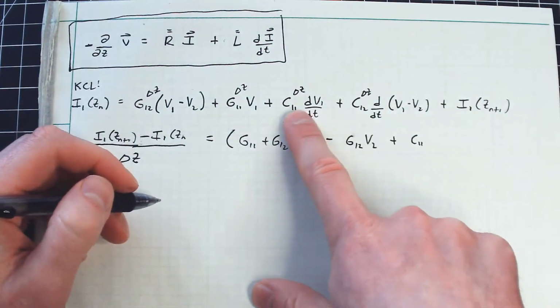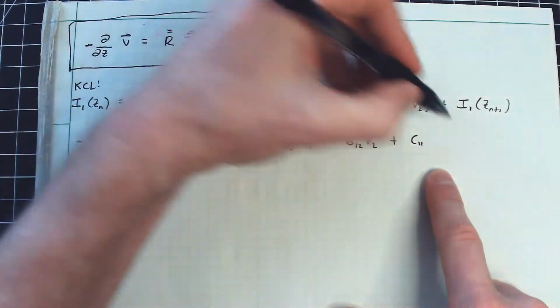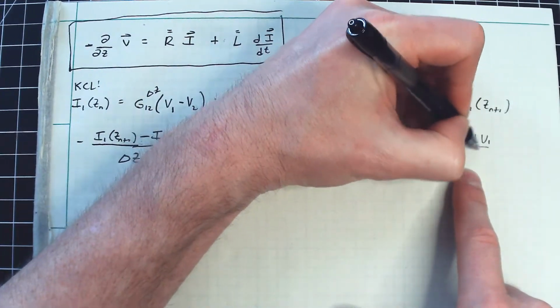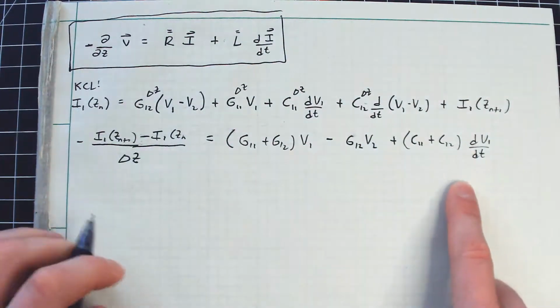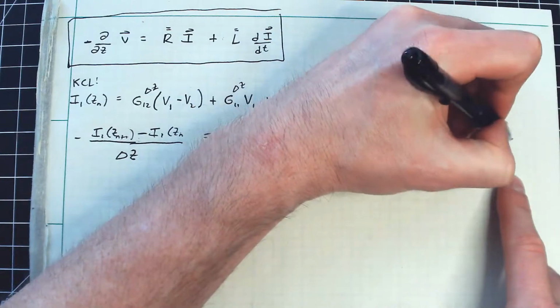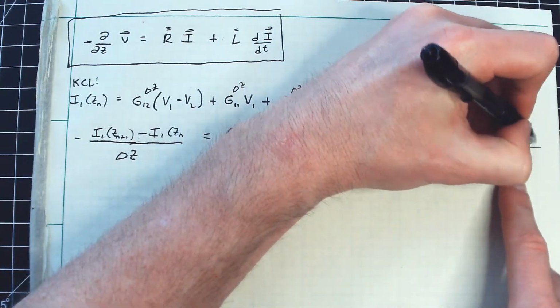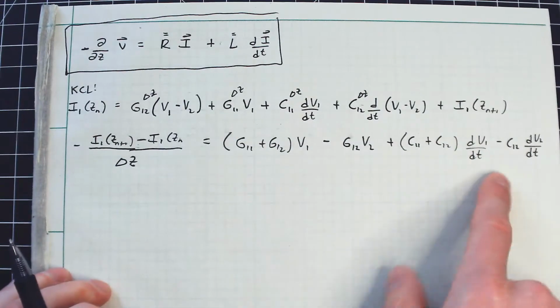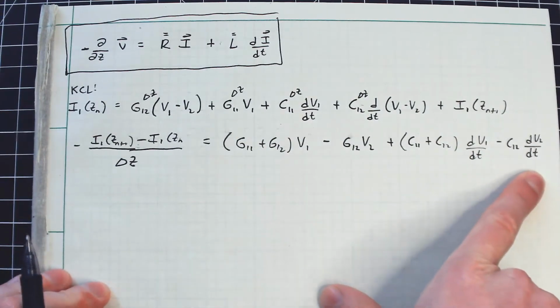Now you got to be a little careful here. So I have some like terms. So it can be C11 plus C12 times dV1 dt. And then finally, there'll be one last term, minus C12 dV2 dt. Okay, so I just rewrote these terms a little bit into a more manageable form.